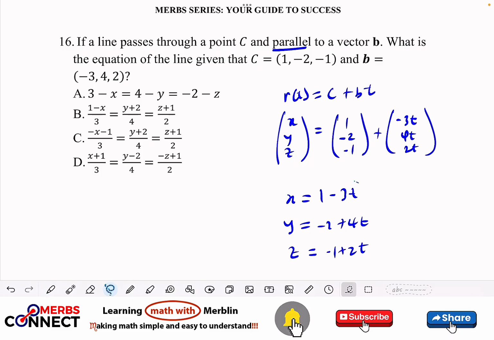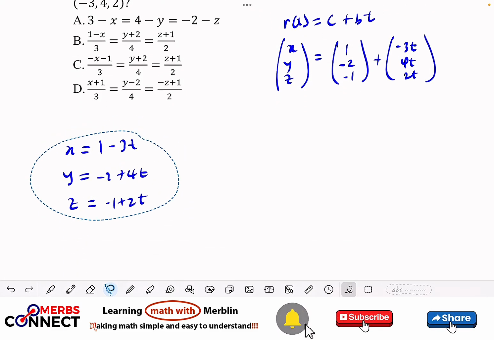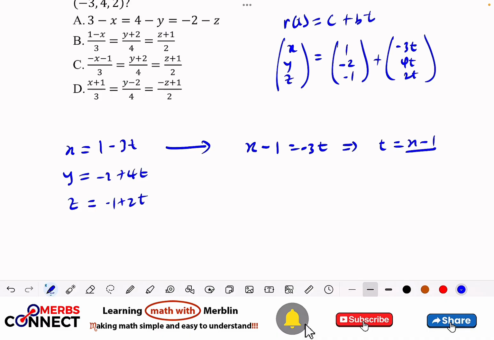Let us make t the subject from all the equations to get it in the symmetric form. So this will be x minus 1 is equal to minus 3t. This implies that t is equal to x minus 1 divided by minus 3. Now let's go again. Y plus 2 is equal to 4t.